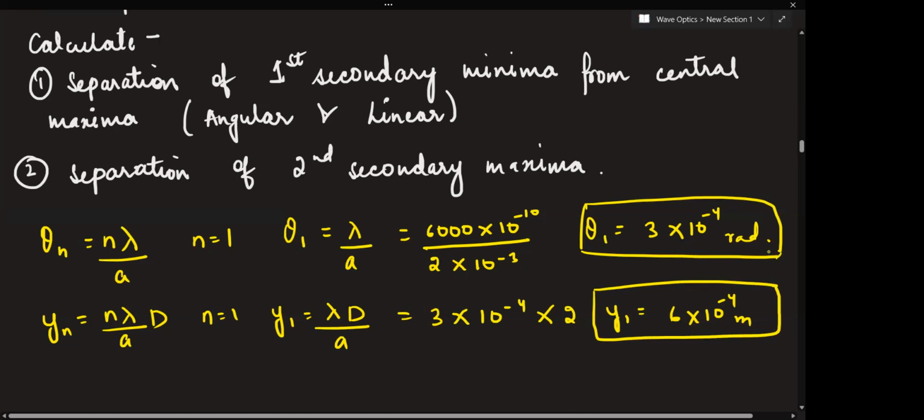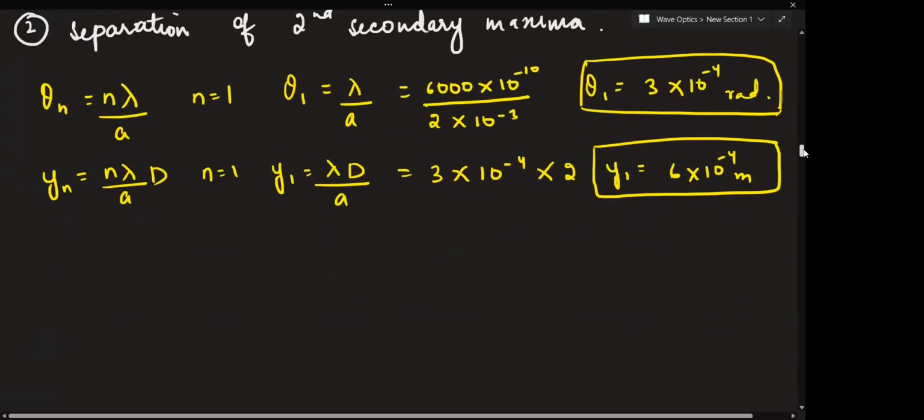First part is clear to all of you? Yes, ma'am. Now see, the second part is asking secondary maximum, but this time we don't have first, we have second secondary maximum. So this is also a formula based question only. Instead of n equal to 1, this was for the first part, this is for the second part. Now see, theta n for secondary maxima, check up in your notes.